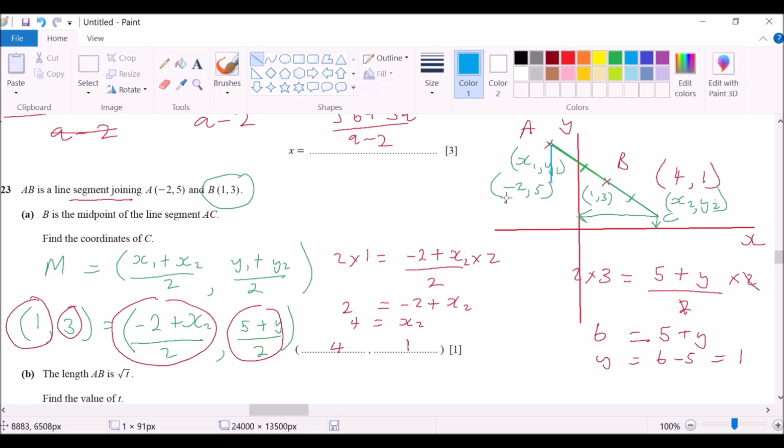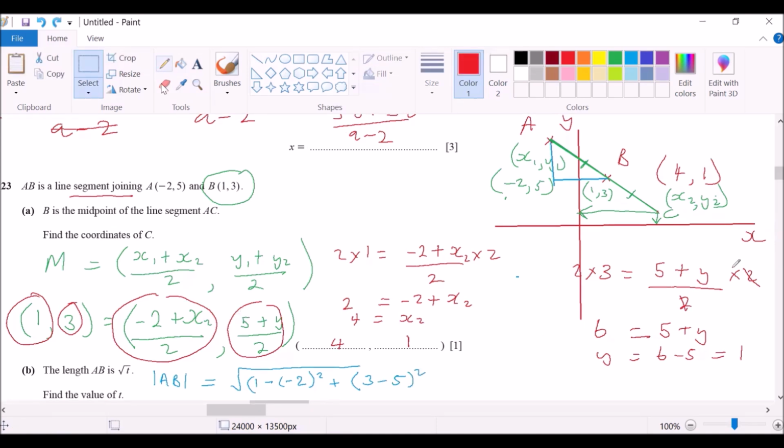Let's continue to B. The length of AB is root T. Find the value of T. AB is this. So we construct a right angle triangle. The length of AB, or the modulus of AB, is equal to square root of our x value here minus the x value there, which is 1 minus -2 all squared plus difference in our y values squared, 3 minus 5 squared.